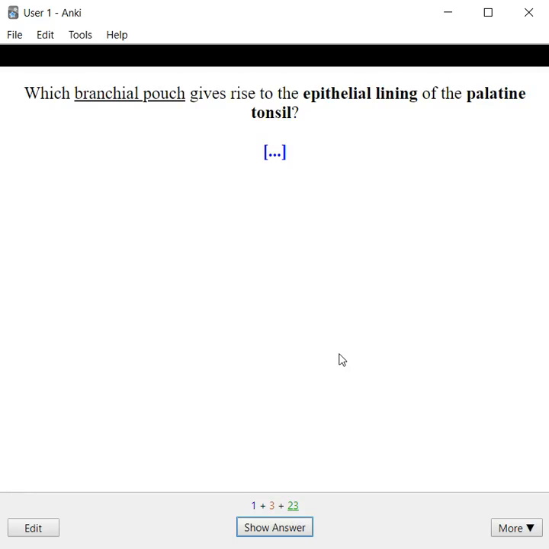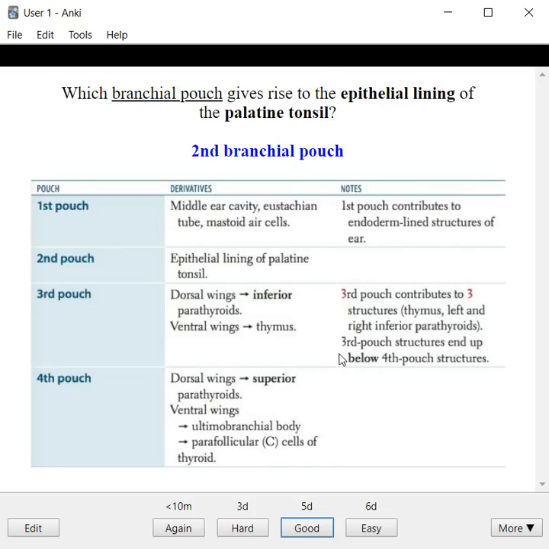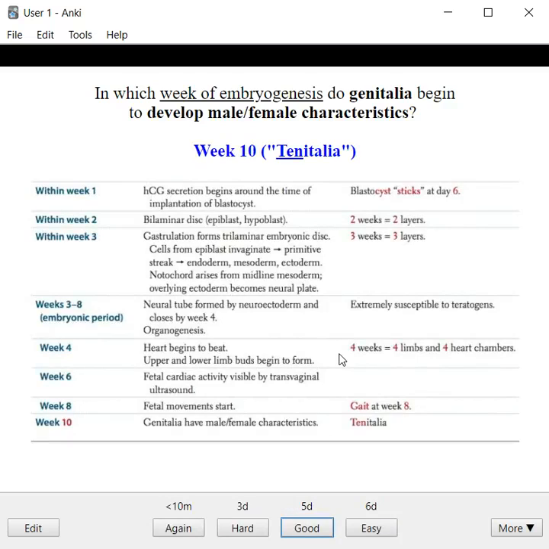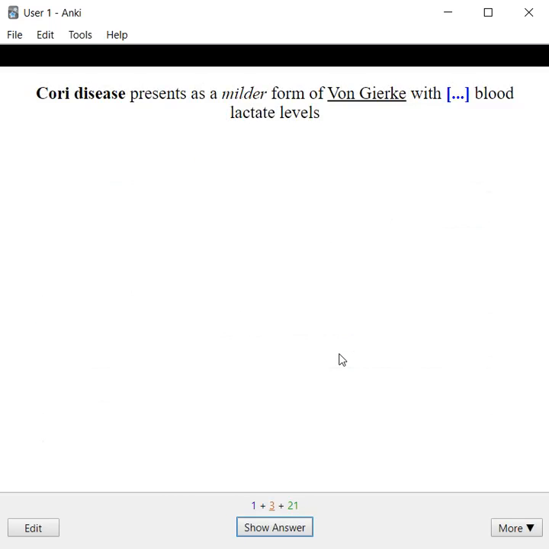Which branchial pouch gives rise to the epithelial lining of the palatine tonsil? The second branchial pouch. In which week of embryogenesis do genitalia begin to develop male or female characteristics? Week 10. Think tenitalia. Cori disease presents as a milder form of von Gierke with blank blood lactate levels, normal.